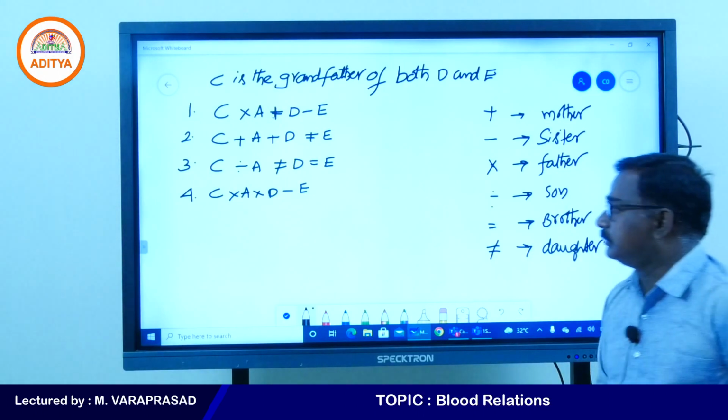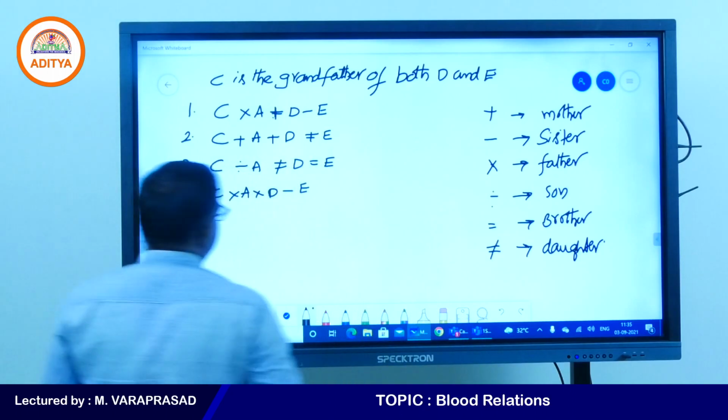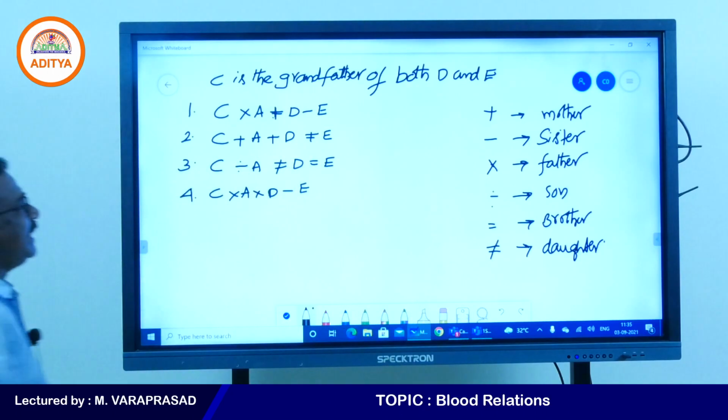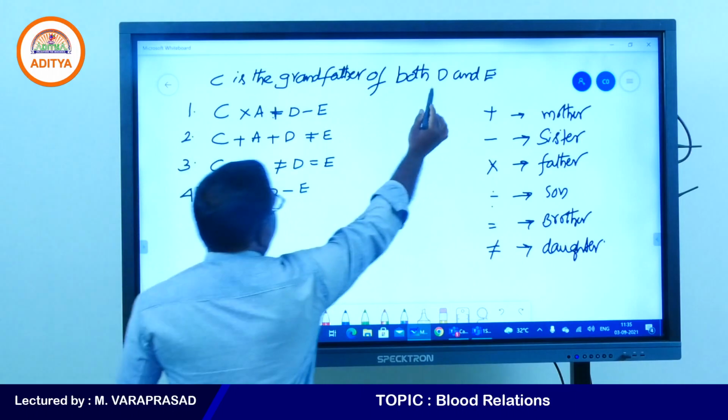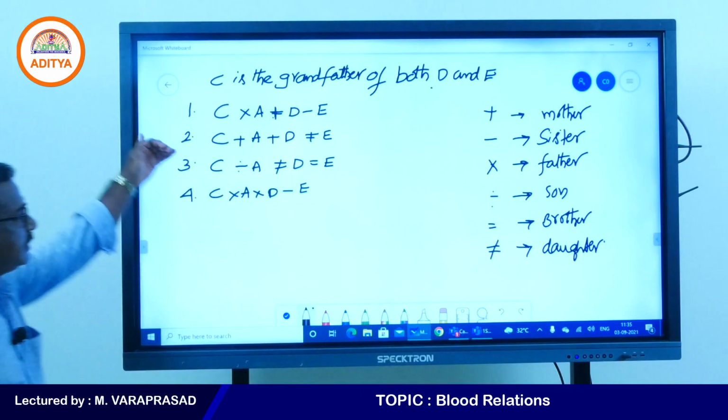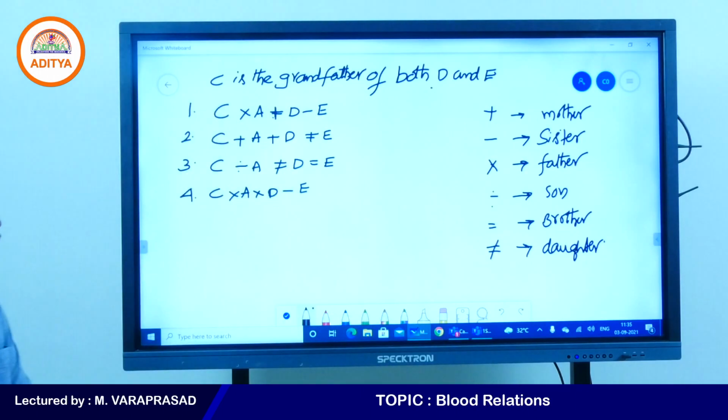Which option gives the grandfather of both D and E? Which option gives the answer for the given question?